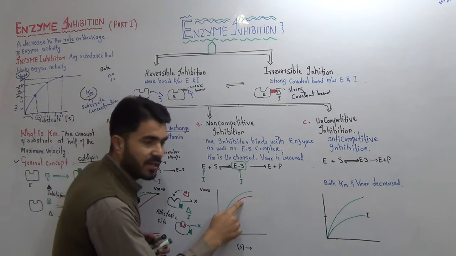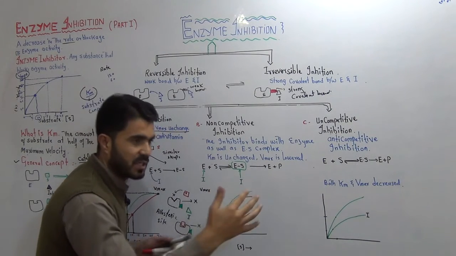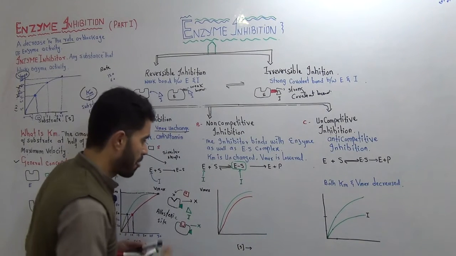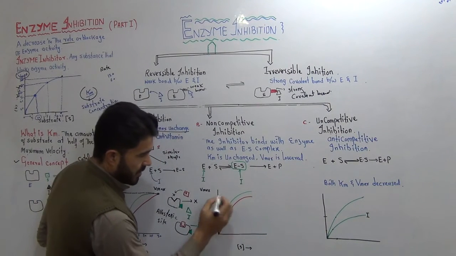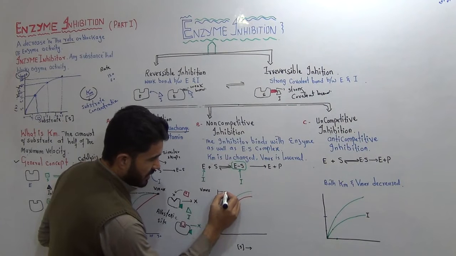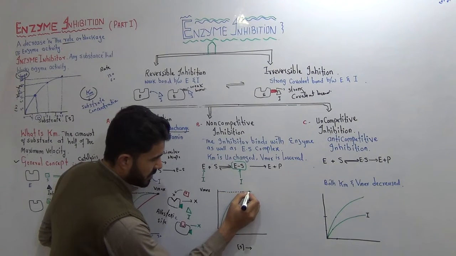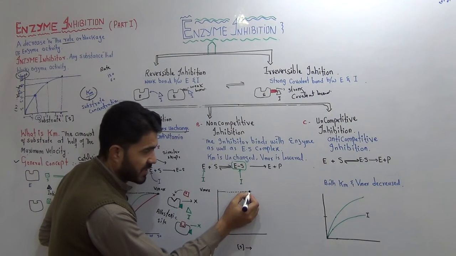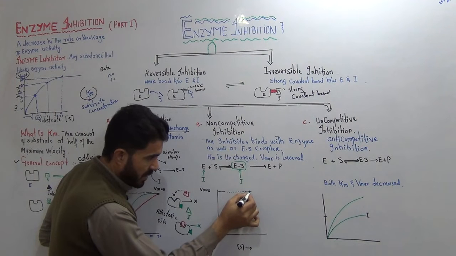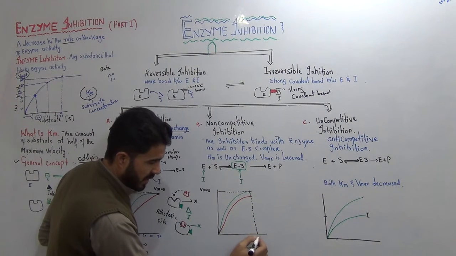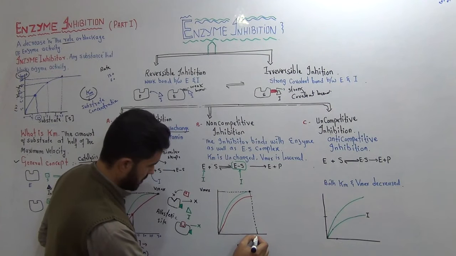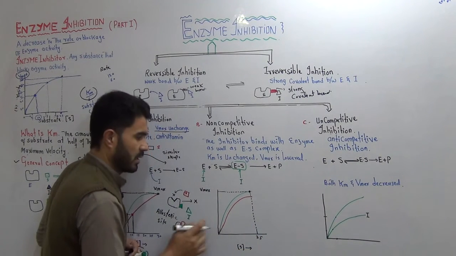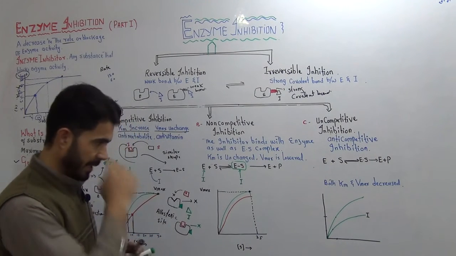The red line shows that enzyme and substrates are reacting, but this time we applied inhibitor as well. In this case, let's suppose this point is the point of Vmax, meaning at this point the maximum velocity is achieved, and you can bring this point down here, so we can see that at this substrate concentration, let's suppose this is 25, at 25 concentration, the maximum velocity has been attained.